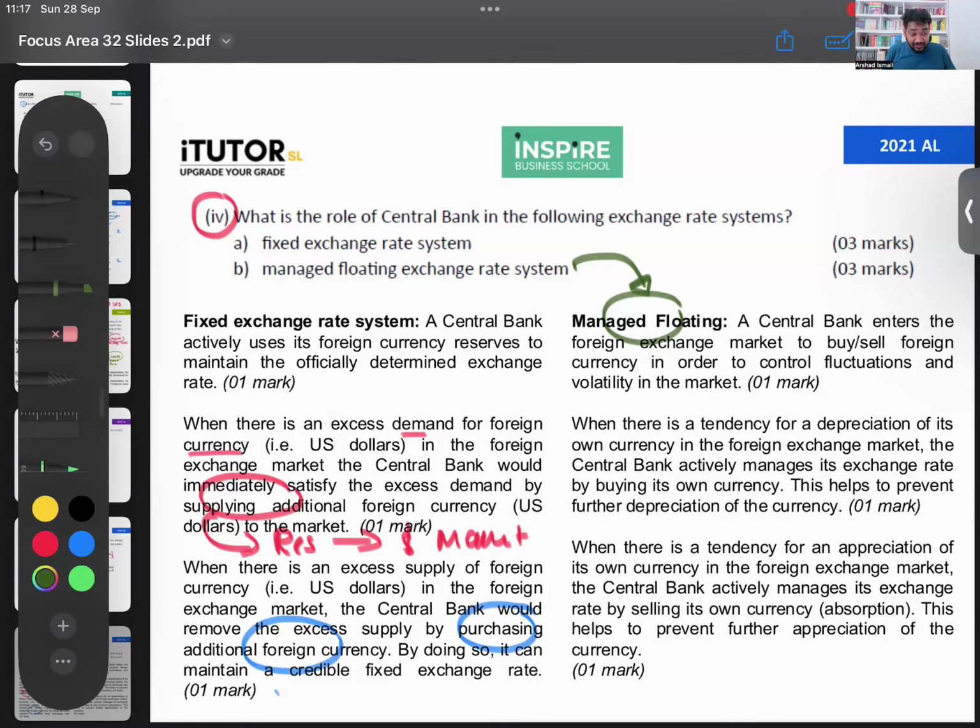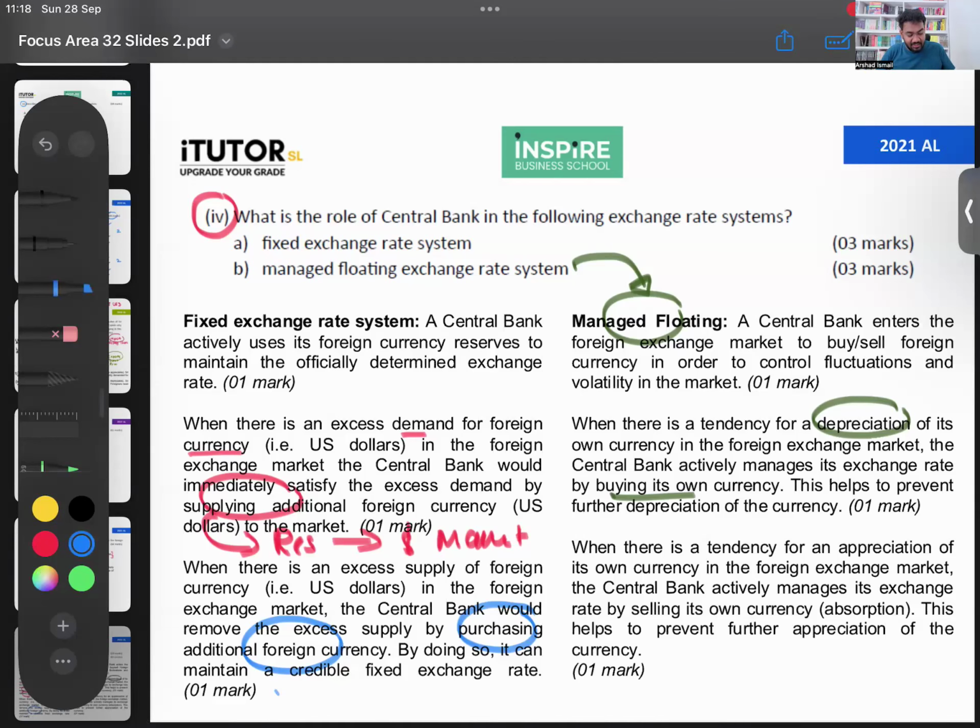But if it's going to appreciate a lot or depreciate a lot, then the central bank will intervene. When there is a tendency for the currency to depreciate, let's say go below a certain range, what will the central bank do? Again, the central bank will supply dollars and demand rupees. They will buy their own currency. They will buy rupees from the market and give the market dollars, and then they will keep it stable.